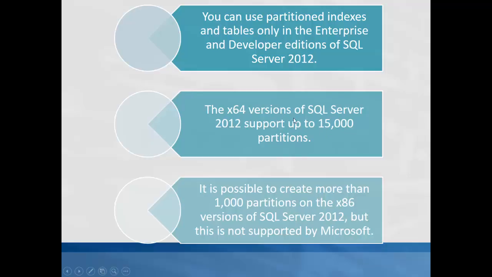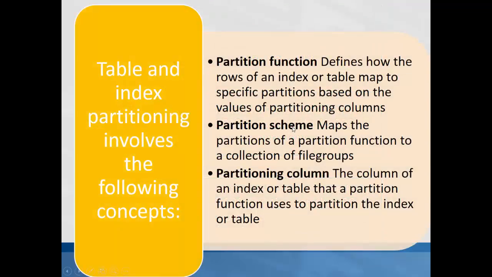But we're going to create one partition and put it on C drive, and the second partition on D drive. That's going to be a bit tricky, but of course we're going to do it, and I'm going to make it easy. So table and index partitioning involves the following concepts. A partition function has to be created, which defines how the rows of an index or table map to specific partitions.